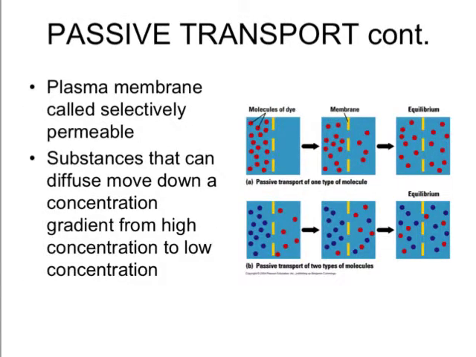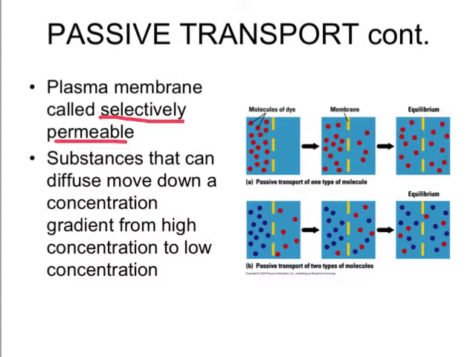This distinction between which molecules can come through easily and diffuse through the membrane versus which ones can't is basically what we call the cell's selective permeability. Okay, so it will be selective on what it allows to diffuse through and what it does not.